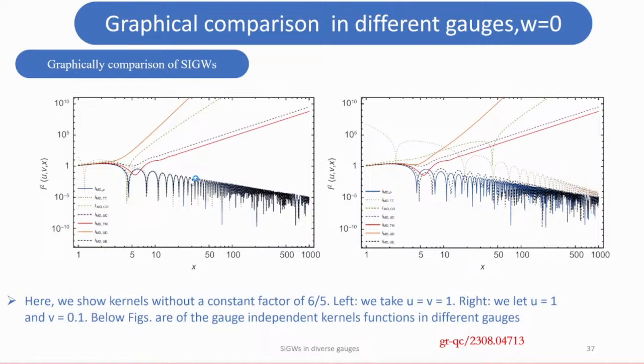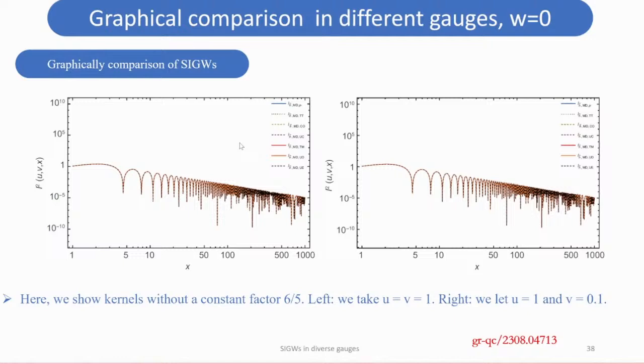If we remove it, we have this kind of expression, but still this expression is different for different gauges. So that was the main issue, that the energy density should not depend on any gauge. So finally we found the solution of this problem in the matter domination case. Here you see all the results overlapping.